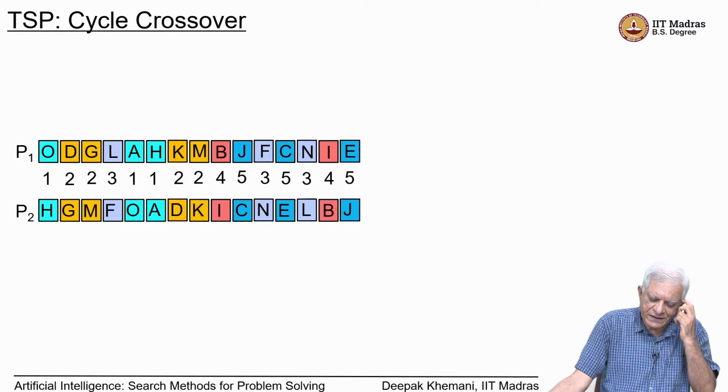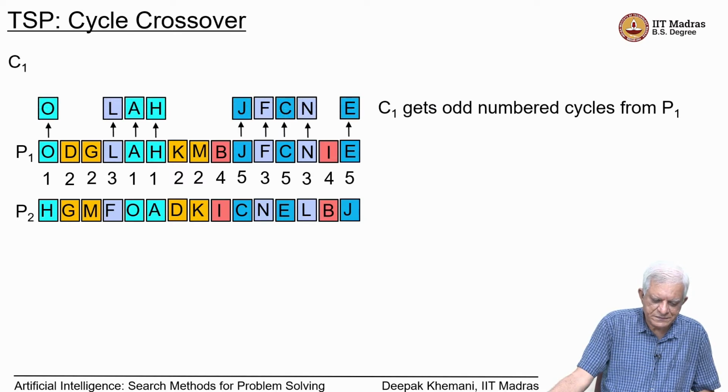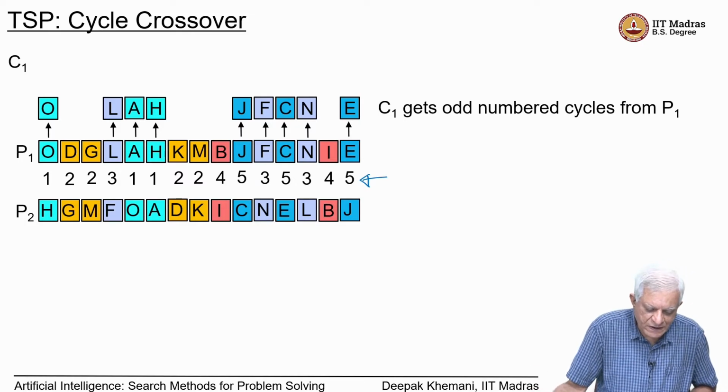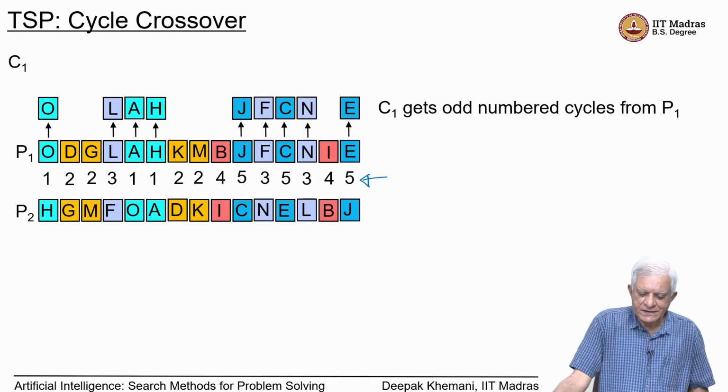So, the first 2 we had seen and the rest are similar in nature essentially. What we have written here are the cycle numbers in the middle essentially, cycle 1, cycle 2, cycle 3 and so on.